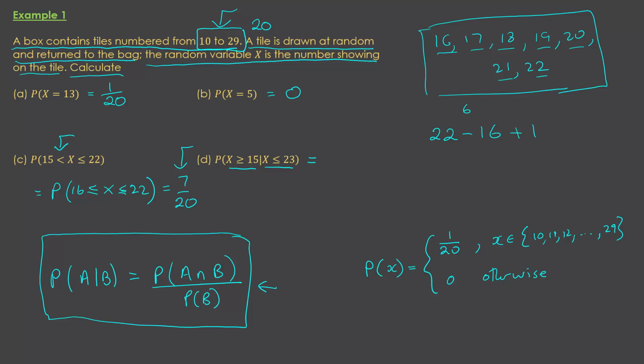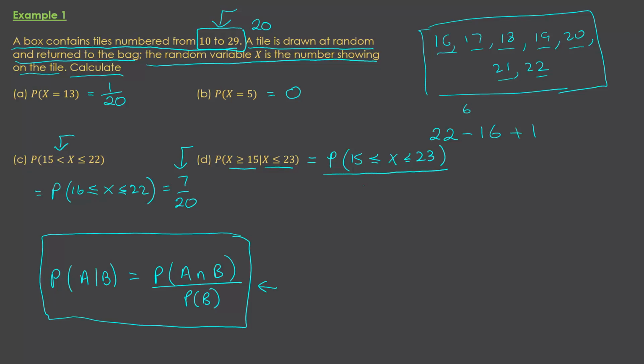Not so much with the stuff that we're learning now, but with stuff that you should know from earlier courses. Now, in this case, the AND situation is that x is between 15 and 23 inclusive. And then on the bottom, we have that x is less than or equal to 23. So just consider how I'm following this formula.